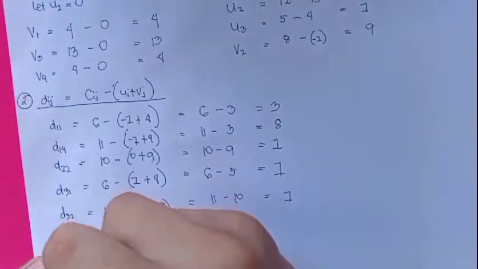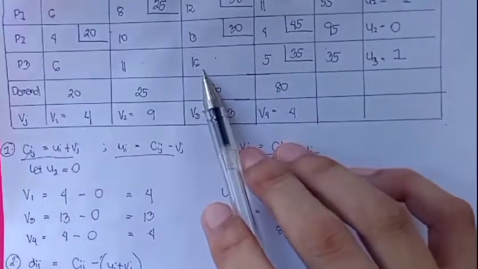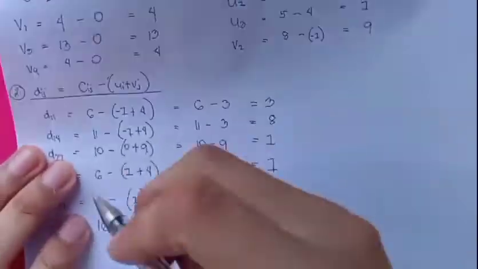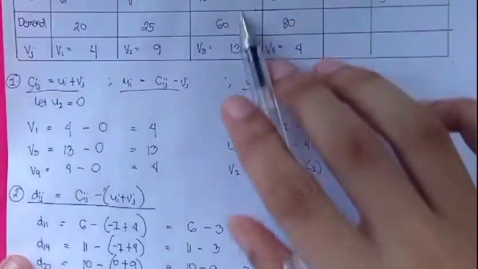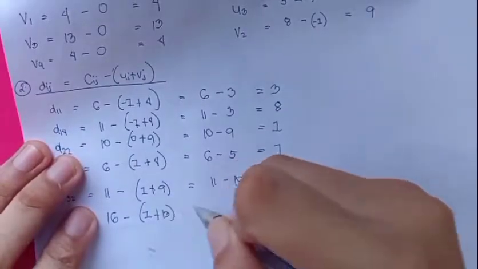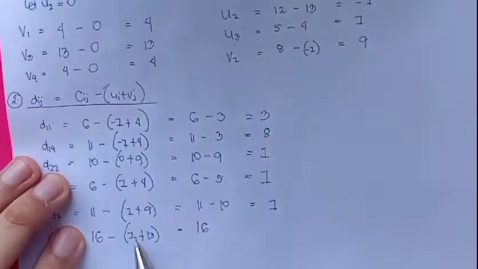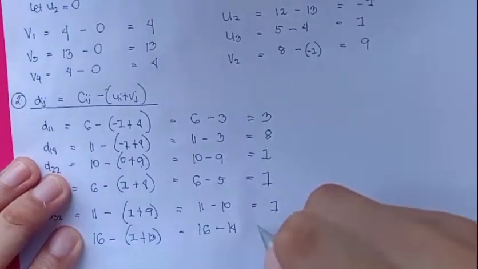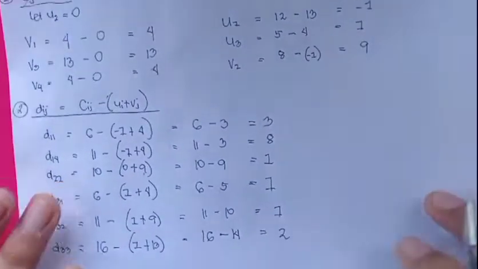Last is D33. In D33, the Cij is 16, minus our Ui is 1 plus our Vj is 13. So 1 plus 13 is equal to 14. So 16 minus 14 is equal to 2.